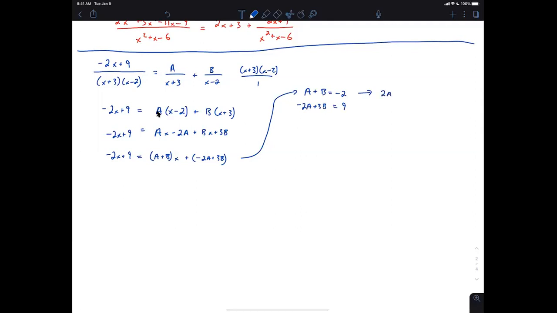I would probably look at that, or I do look at that and immediately think, let's multiply the top one by 2. Whoops, but let's actually multiply the whole thing by 2, so that's -4. And then write the other one underneath it. So now if we add those, the A's fall out, so we get 5B equals 5, so B is 1. And now A plus 1 is -2. So A is -3.